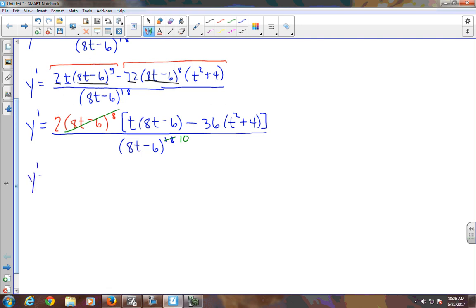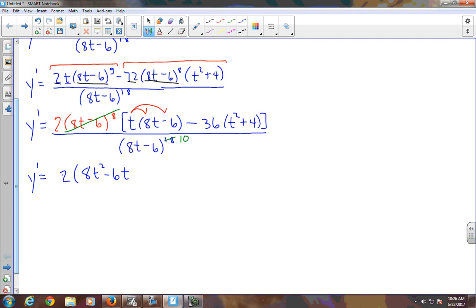Okay, let's assess what we have here. We have the 2. The (8t minus 6) to the 8th has canceled out. I'm going to demote those brackets to parentheses and work on simplifying what's inside. So when we distribute the t here, we have 8t squared minus 6t.